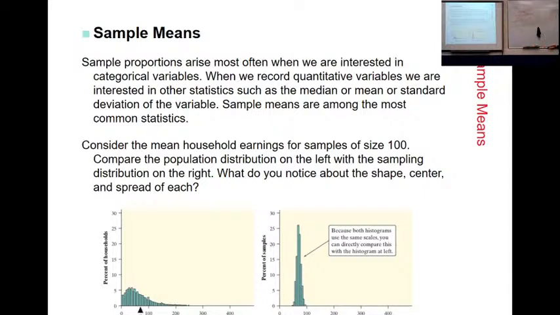Proportions arise most often when we are interested in categorical variables. So we're interested in what percentage are involved in A versus B versus C, or what percentage said yes or no to a question. But most of the time when we talk about quantitative variables, we're talking about median or mean. The same idea is going to happen for these large sample sizes.